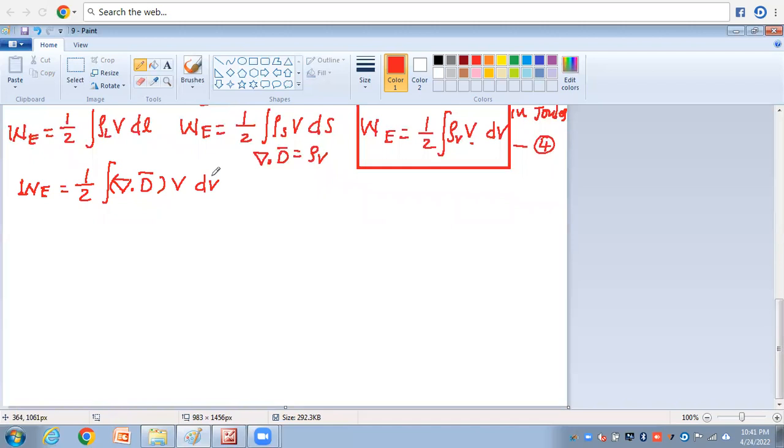Now here we follow some identities we discussed in vector calculus. Very simple identity.